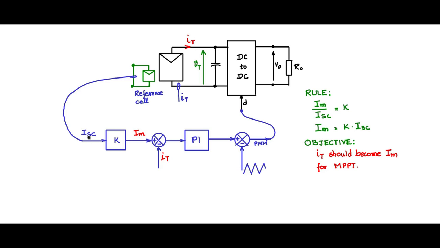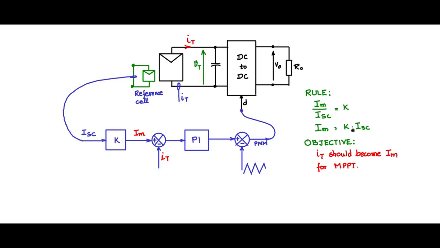Now this ISC is scaled and becomes IM, which is the reference for this control circuit, and IT will ultimately try to match IM. This is supposed to give you much better performance compared to voltage scaling, because this relationship is much more accurate.